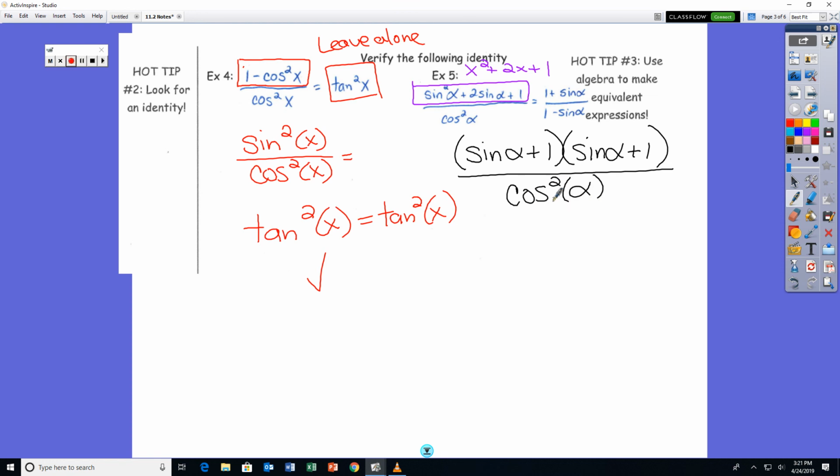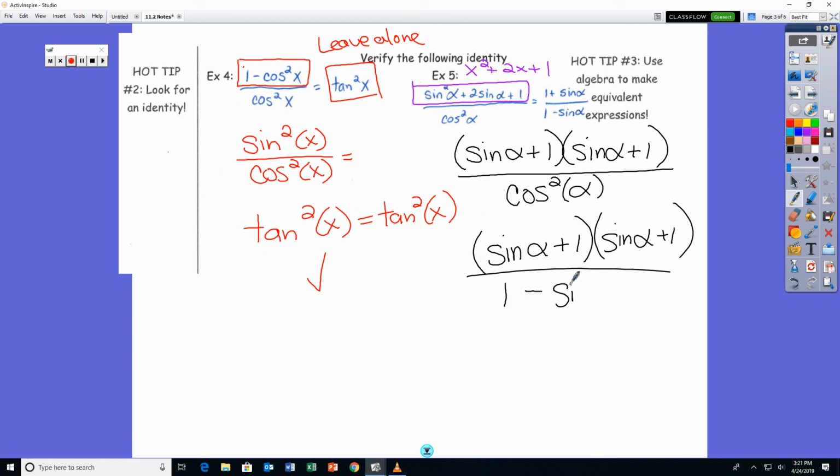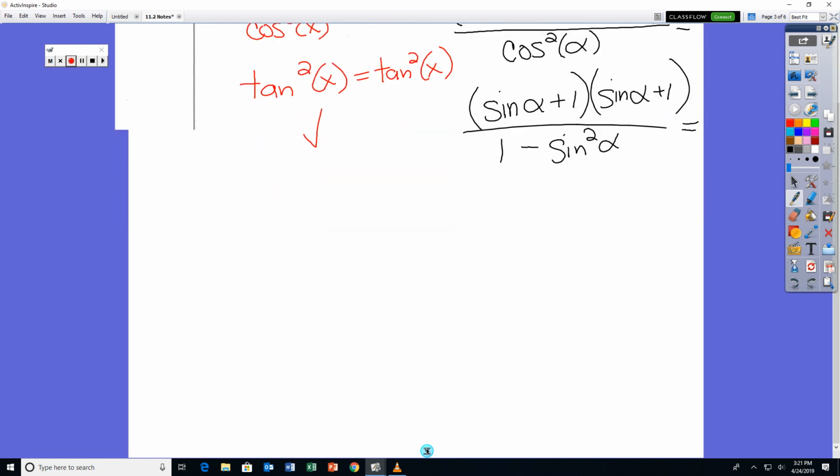From our identities, cosine squared can be replaced. If I manipulate that sine squared identity, I can change that around so that the denominator will be 1 minus sine squared of alpha. This is going to be something that can be factored also. It's a difference of squares. So I'll give myself scroll down. We get sine of alpha plus 1 times sine of alpha plus 1.